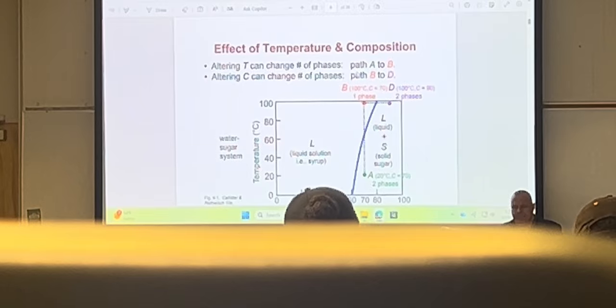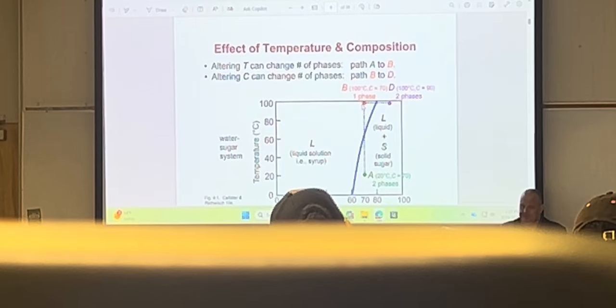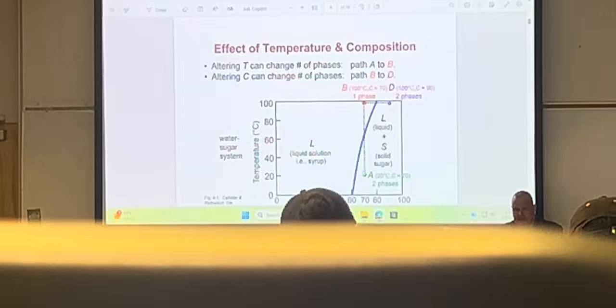We can start with this composition, 70%. We can take a precipitated solution, right, of 70% sugar at room temperature and heat it up. And over here, we're going to have only one phase, which is the solution of sugar and water.